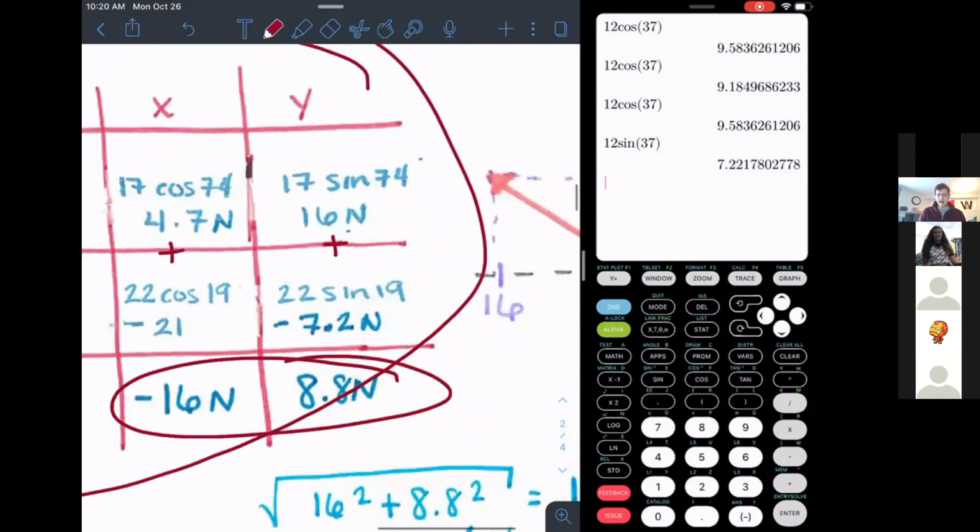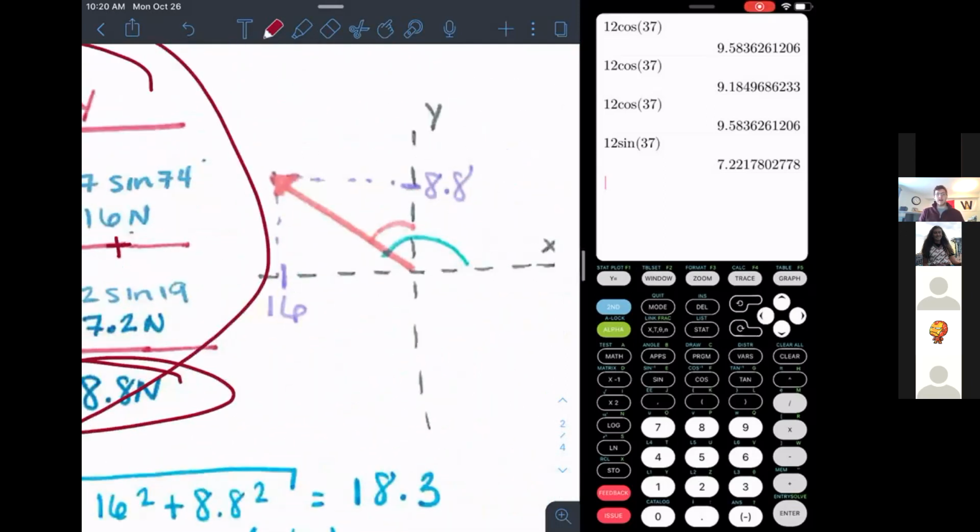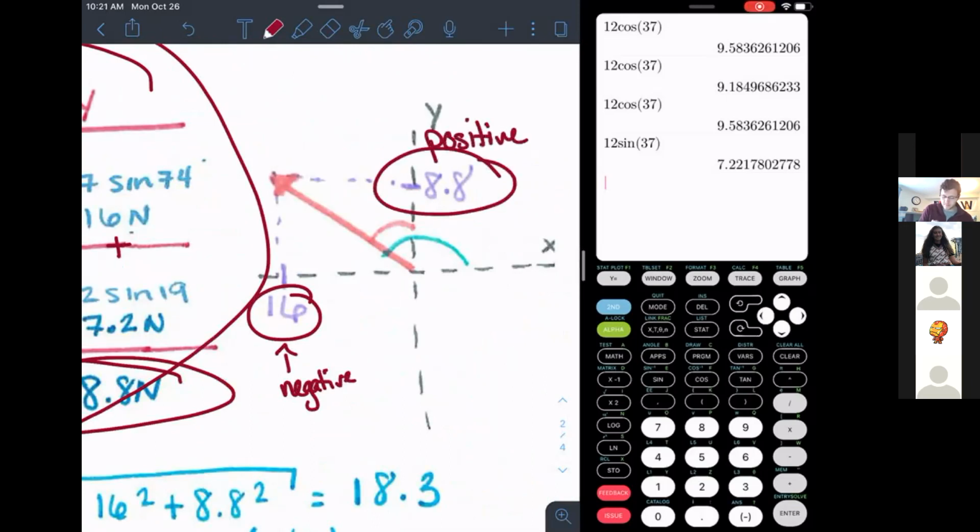We're going to go up 8.8, and we're going to go to the left 16 newtons, because our x was negative and our y was positive, which means we're in which quadrant? Second quadrant. Perfect. Our last step is going to be to find that angle.